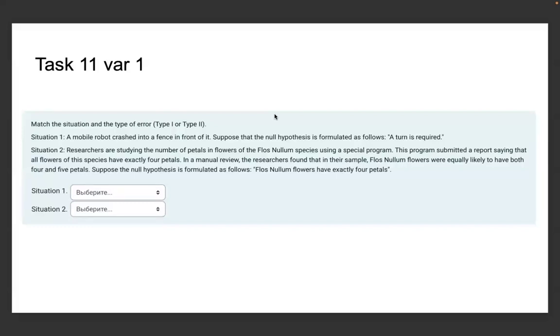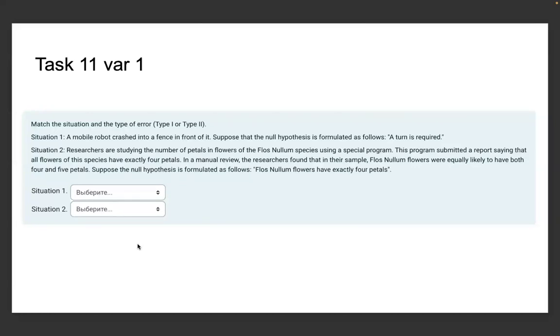Yes, always like type 1 and type 2? Of course, because the situations aren't connected. So in both situations, you can pick type 1 or type 2, and there is no other choice that we can't recognize as an error in this exam. Oh, okay, then I understood.